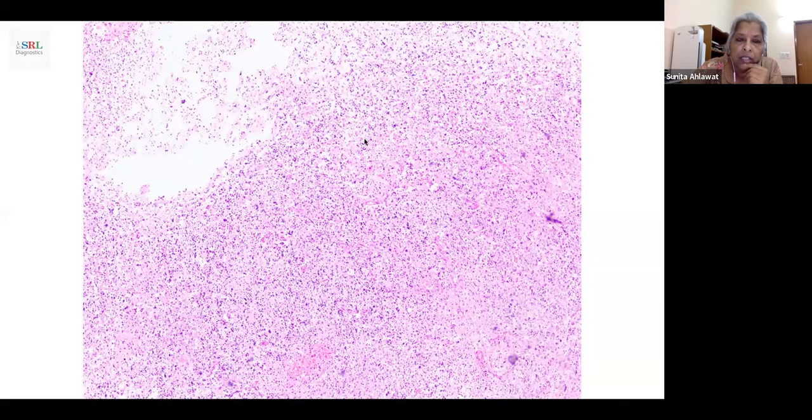And this is grade 4, where you get to see higher cellularity, more mitosis, and more anaplasia. There are more mitoses here. You can see this is mitosis, mitosis, mitosis. And what we look for is endothelial proliferation and necrosis.